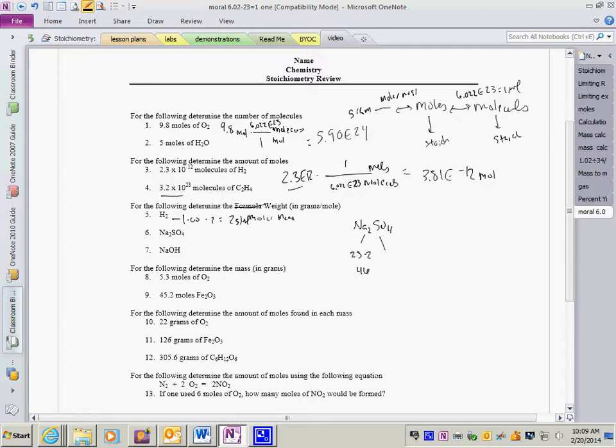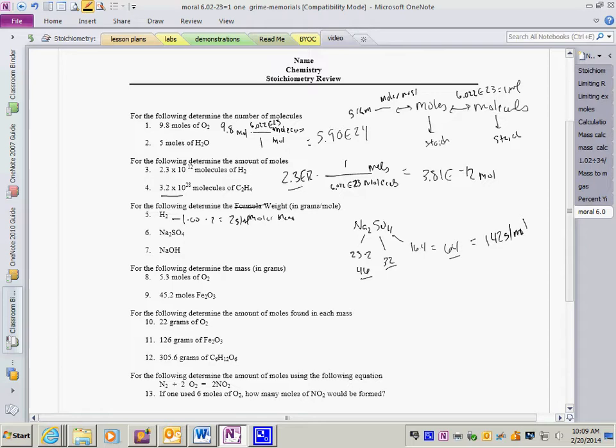The sulfur is approximately 32, and then the oxygen is going to be 16 times 4 for a whopping 64. Add up the 46 plus 32 plus 64 is the mass of 1 mole, which is 142 grams per mole.